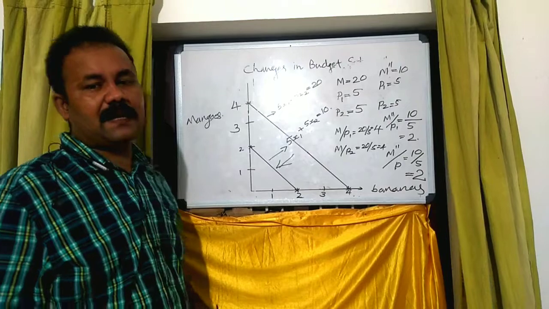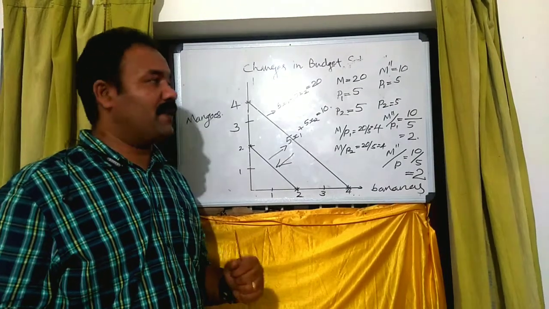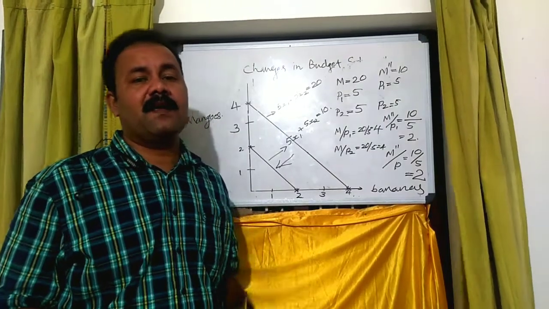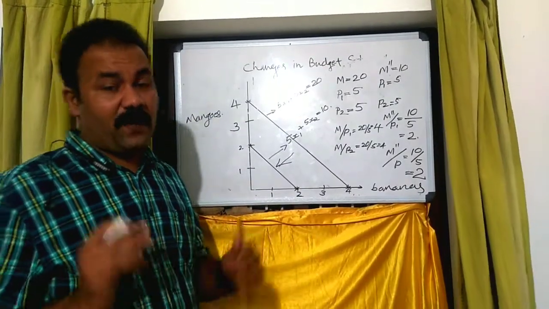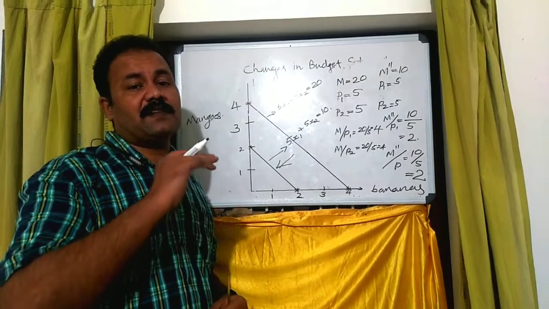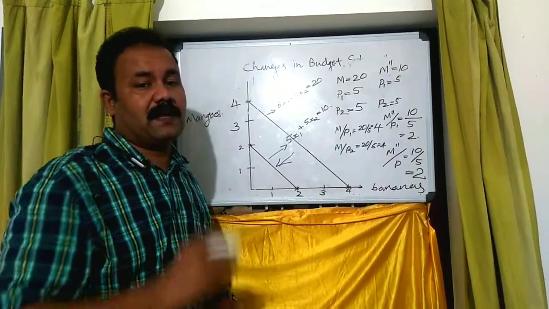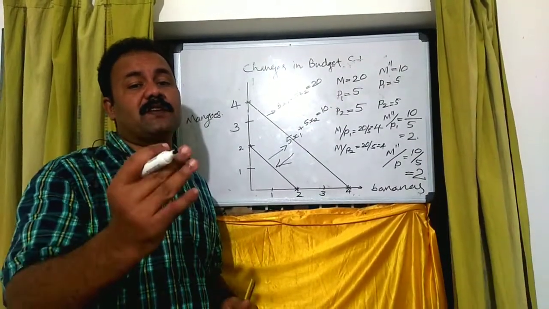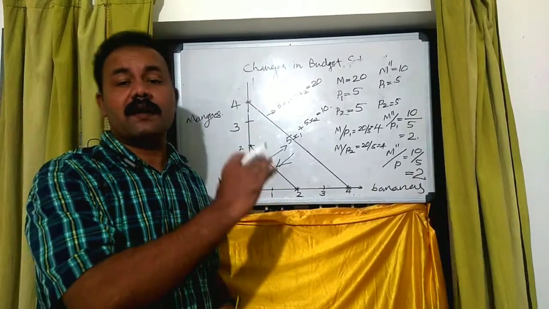Okay, that is the result here. Then we know the change in the budget line due to a change in income. When income increases, the budget line will shift upward or rightwards, and when income decreases, the budget line will shift leftwards or downwards.